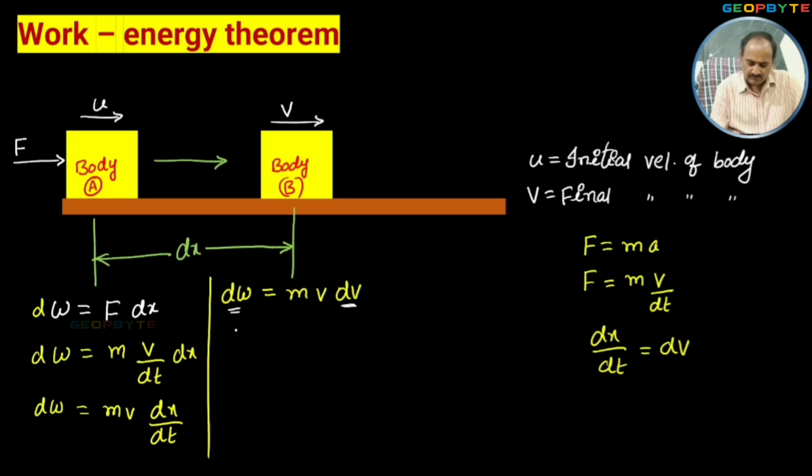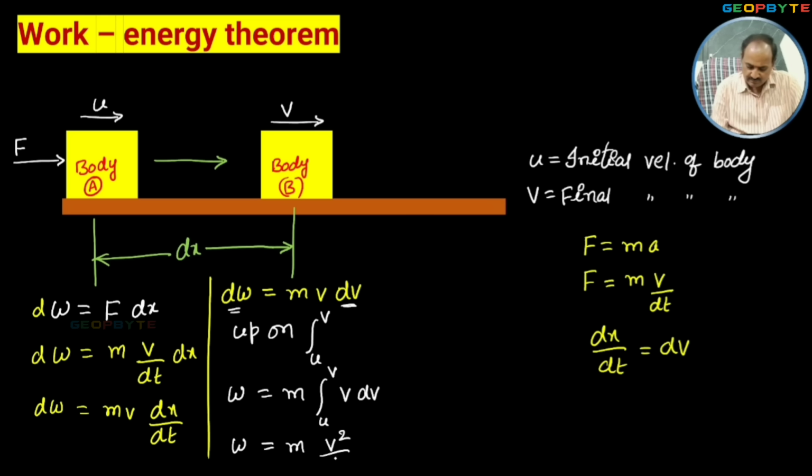For getting the total work, upon integration we apply the limits from initial velocity u to final velocity v. Then work equals m into the integral from u to v of v dv. We simplify this part: W equals m into v square by 2, applying the limits from u to v.